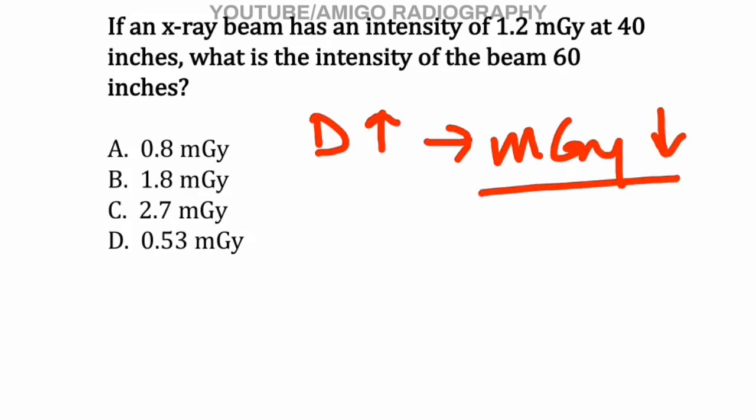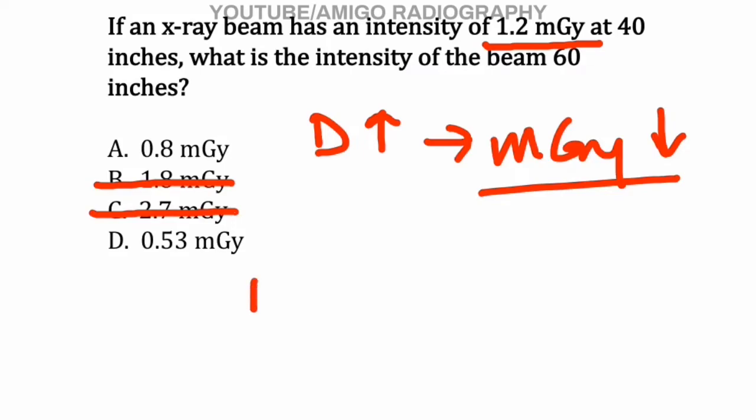That is the inverse square law. So once again, there's a few potential options that we can immediately eliminate. Our initial intensity was 1.2 milligray. Our new intensity must decrease. So we can immediately eliminate 1.8 and we can immediately eliminate option C, which is 2.7.